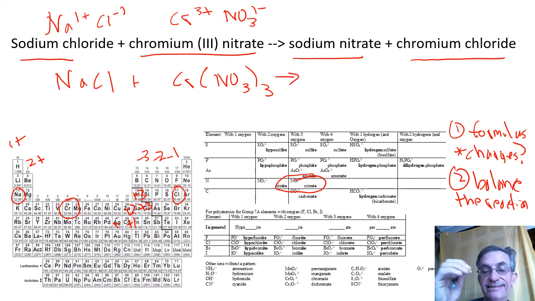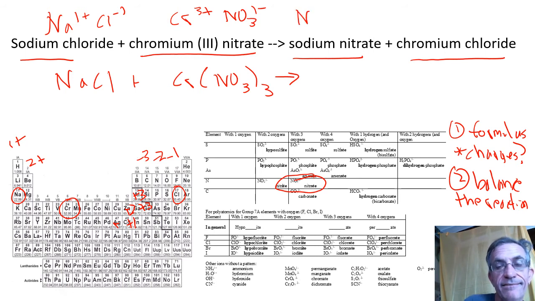Same thing on the right-hand side. Just tell me the formula of sodium nitrate. So that's all you've got to do so far. Just write the formula. Same thing we learned before. Look at those charges. Sodium is Na, right? It's still plus 1.